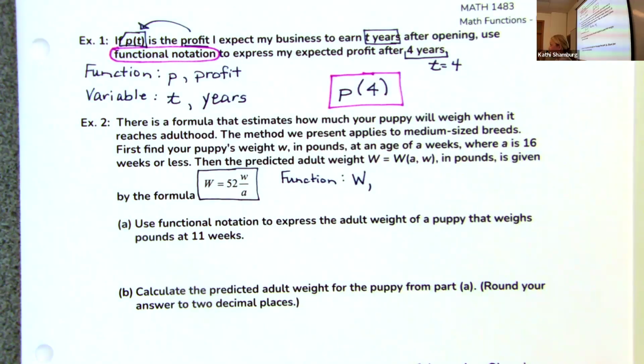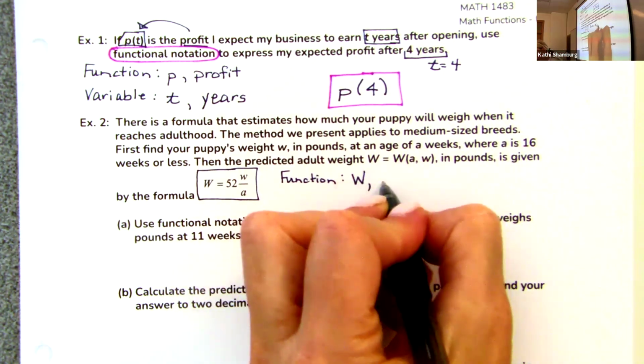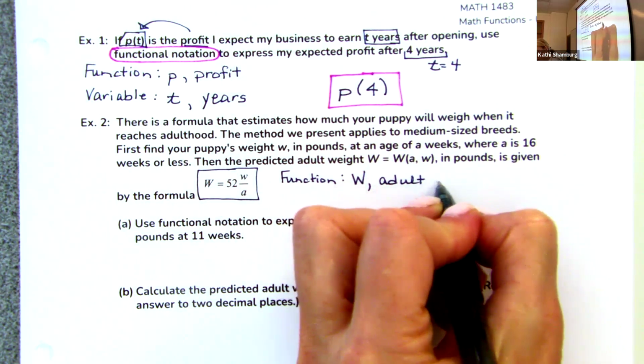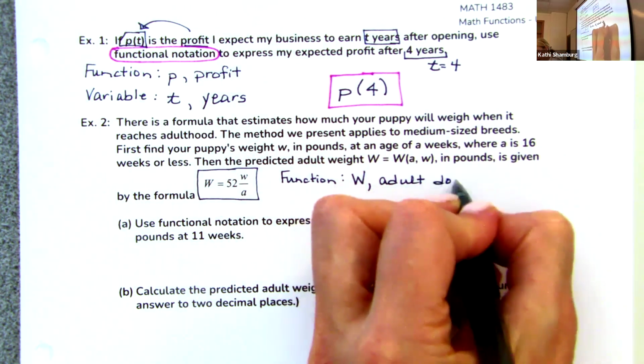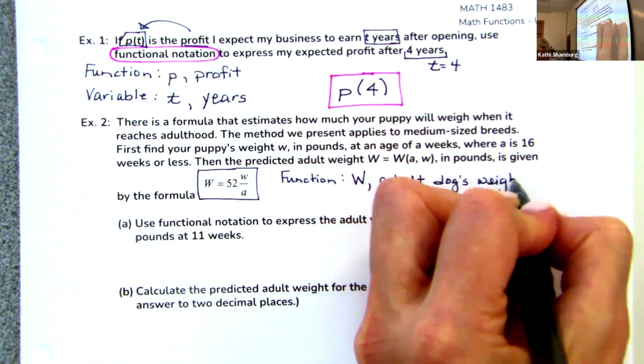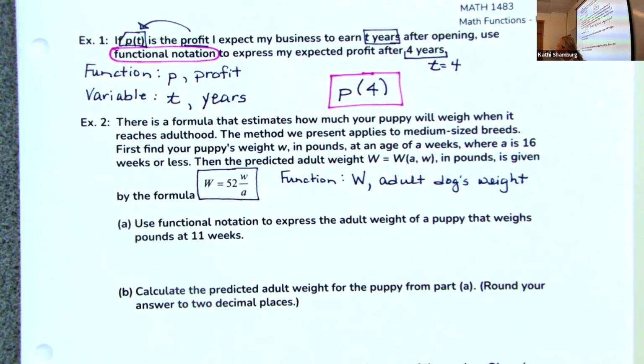So, okay, it is weight, but be careful. Weight specific to what about the dog? When they're an adult. Oh. So this is the adult dog's weight.